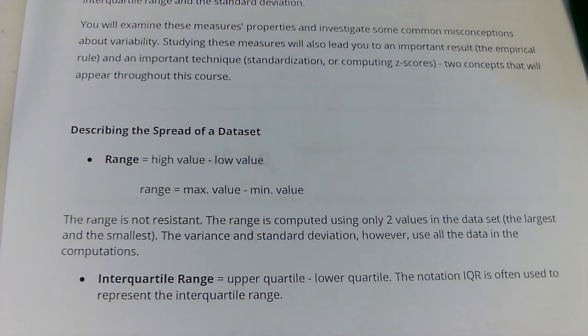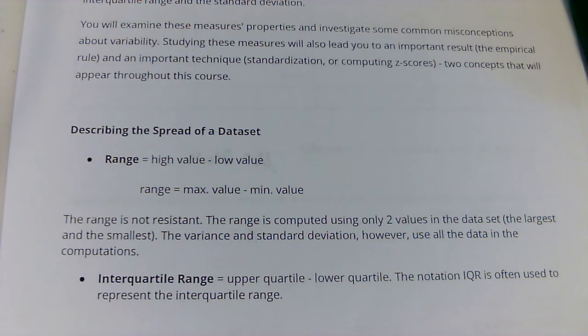If you have an outlier, that really is widespread. But if we can narrow it down, we can get a little bit more of a feeling of how spread out the data is. So what we're going to be using is what is called the interquartile range.